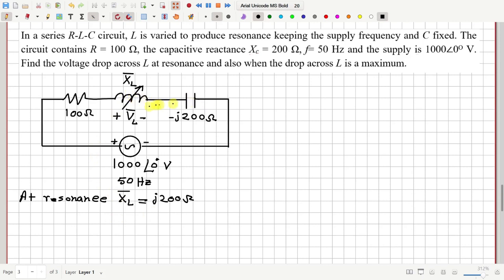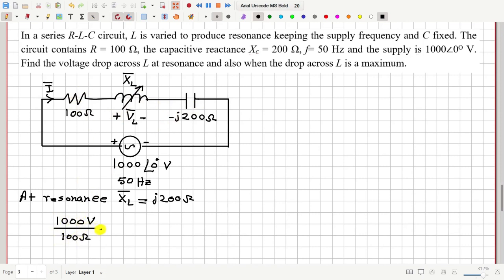And then these two impedances will cancel each other. How much current will flow here? This current will be 1000-volt supply voltage divided by 100 ohm resistance, because XL and XC will cancel each other.